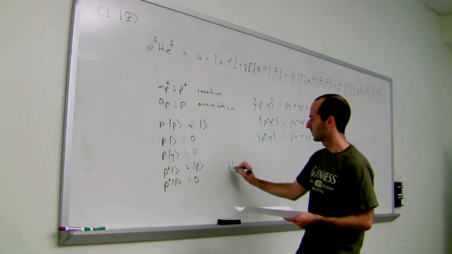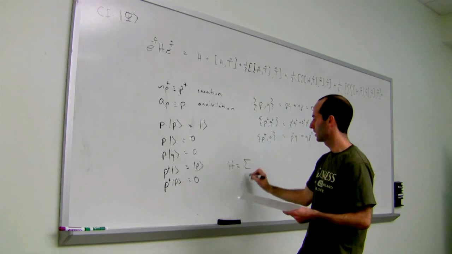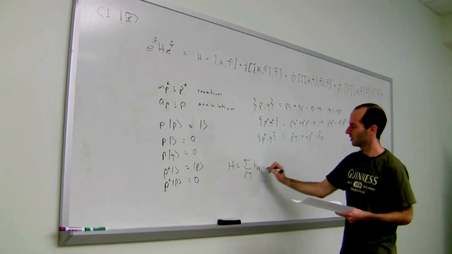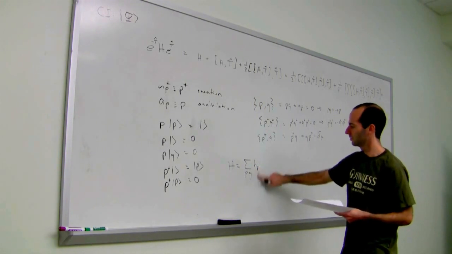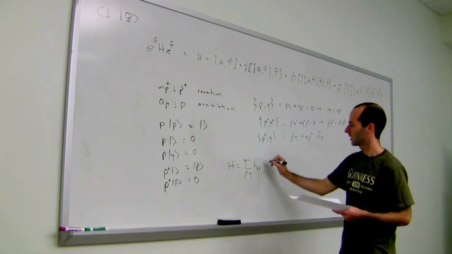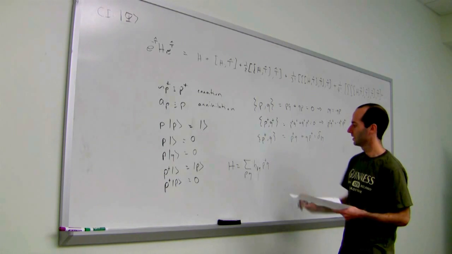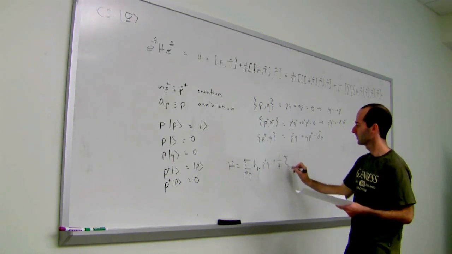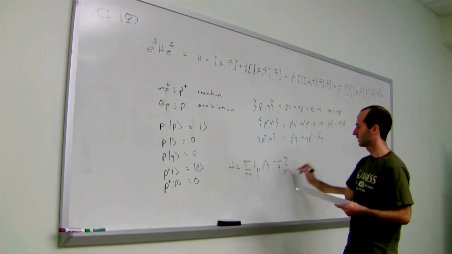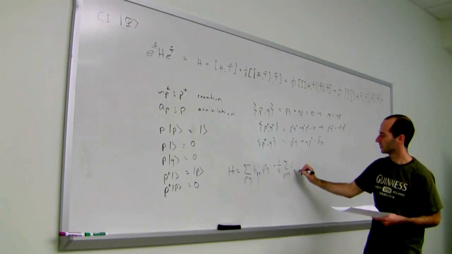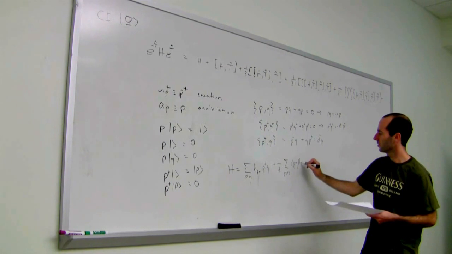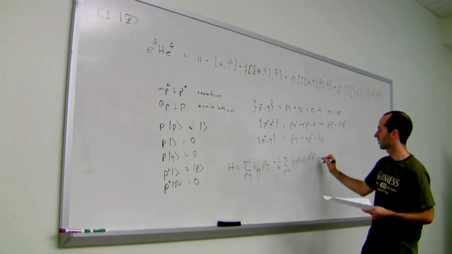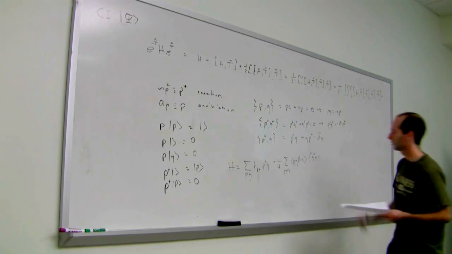So in second quantized notation, the Hamiltonian has a 1 electron piece, h_pq, times p dagger q, and it has a 2 electron piece, <pq|rs>. This is the 2 electron integrals that you guys love so much, times p dagger q dagger s r.